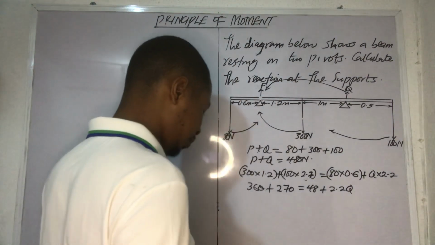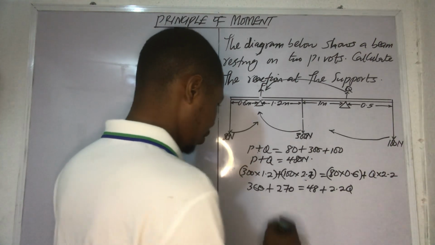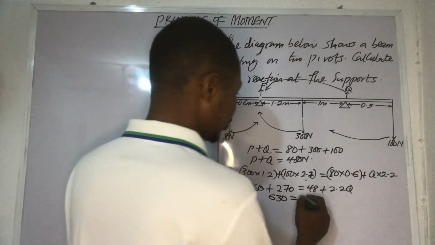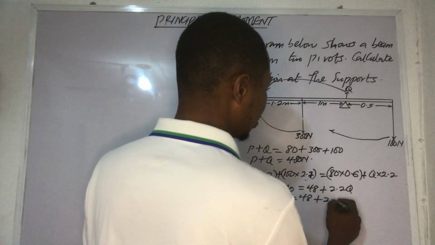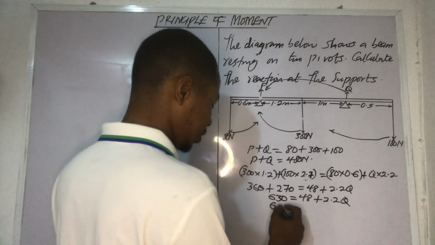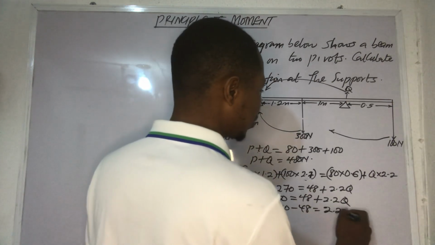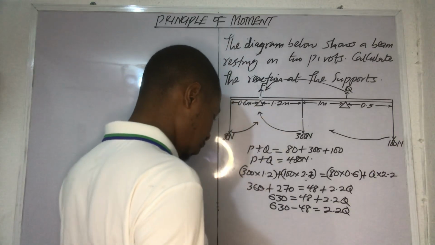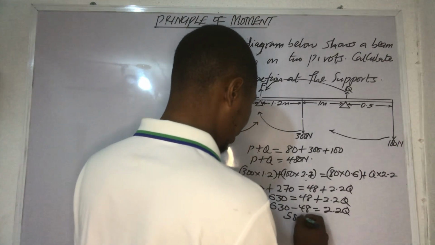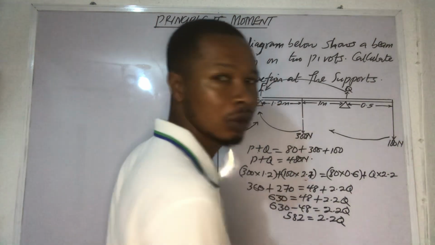So if you have 360 plus 270, that will give me 630, equal to 48 plus 2.2Q. Collect like terms now. You have 630 minus 48 is equal to 2.2Q. So 630 minus 48 will give me 582 equal to 2.2Q.